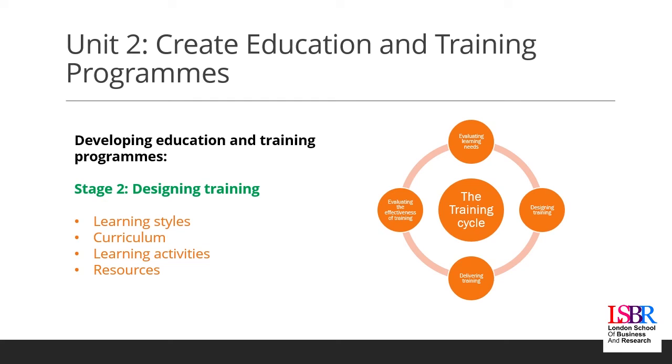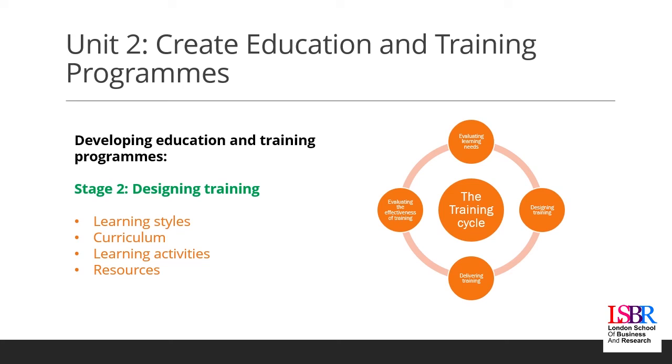And if you're delivering the program purely virtually, then the resources could be a platform that allows you to deliver it, and perhaps PowerPoint slides exported into, let's say, PDF format, sent to the delegates in advance or after the session. So these are training and education resources. These are the aspects that we are going to be discussing during Unit 2, and that is part of the second stage of the training cycle.